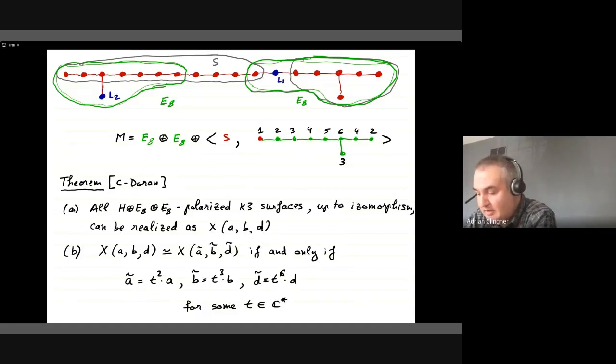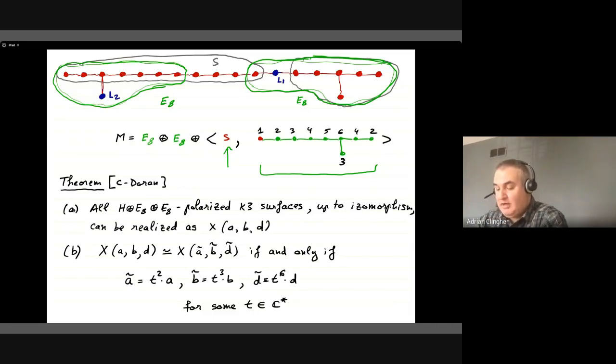And then in order to find the hyperbolic piece, the elliptic fiber and section, I'm indicating that here. So the section S is a curve in the diagram, and then for the elliptic fiber, all we have to do is take one of the extended E8 pieces and consider the divisors with the weights given in this diagram, and one can see that these two classes generate a hyperbolic lattice.